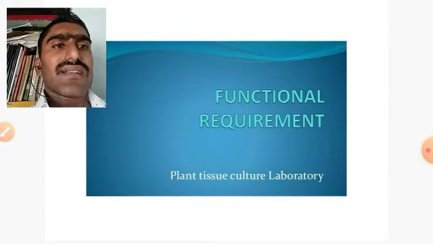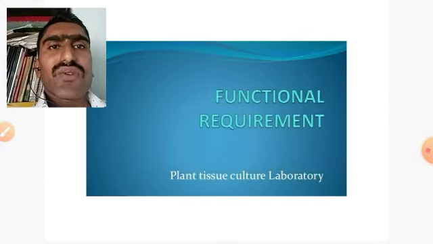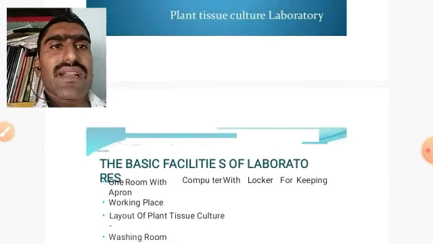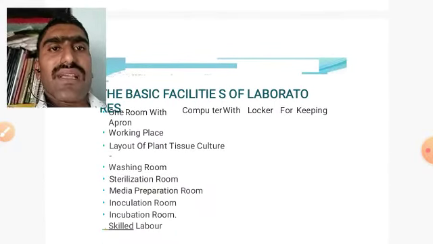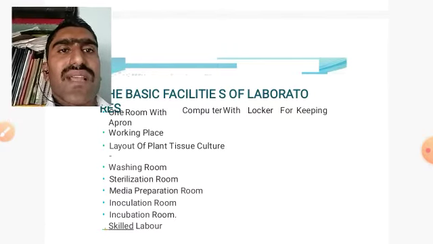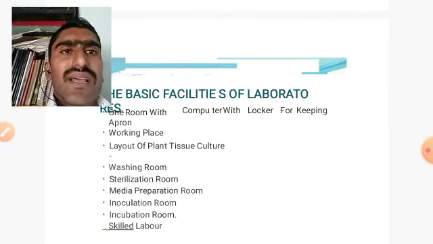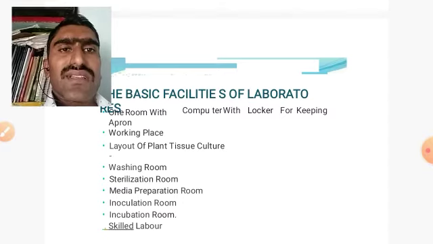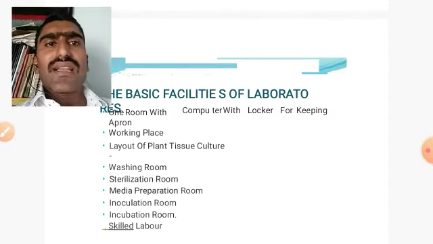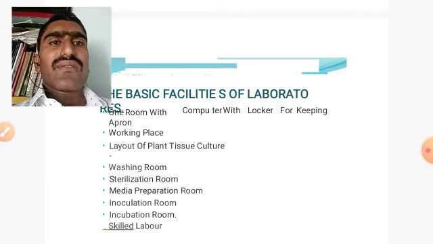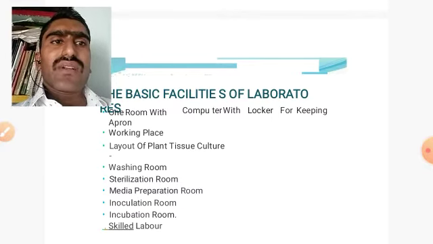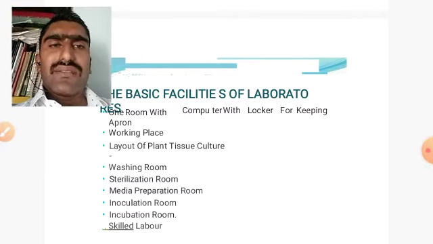Let's see the functional requirements of a plant tissue culture laboratory. Here is a list of basic facilities we must have in the laboratory. First is one room with a computer and a locker for keeping accessories.